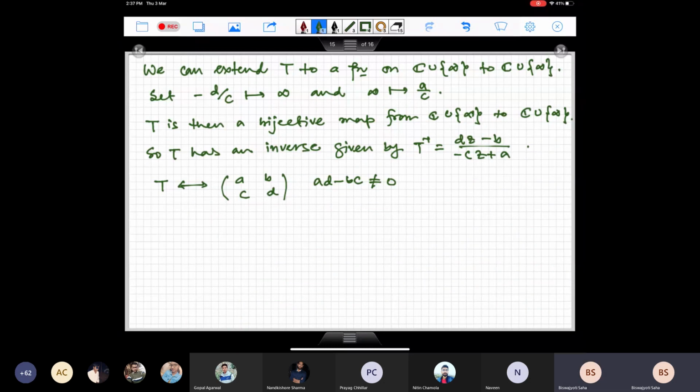And the moment you have this condition AD minus BC is not equal to 0, what does it trigger in your hand? The matrix is invertible. Okay, so for a 2 cross 2 matrix, what is the inverse of this matrix? It is D, minus B, minus C, A, times 1 upon AD minus BC. So that's the inverse. Correct?